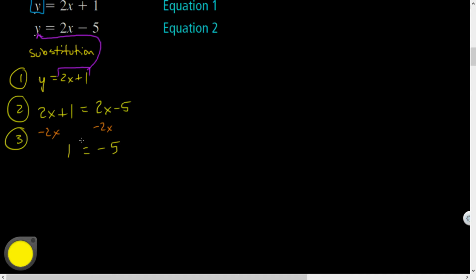Actually, Brandon, you did have an interesting thought. You said there would be a divide by 0. But now, technically, I've come to a conclusion. Let me show where that makes sense, because I've never thought of it from that perspective. 2x minus 2x is 0 x's, right? And let's say I wanted to solve for x.